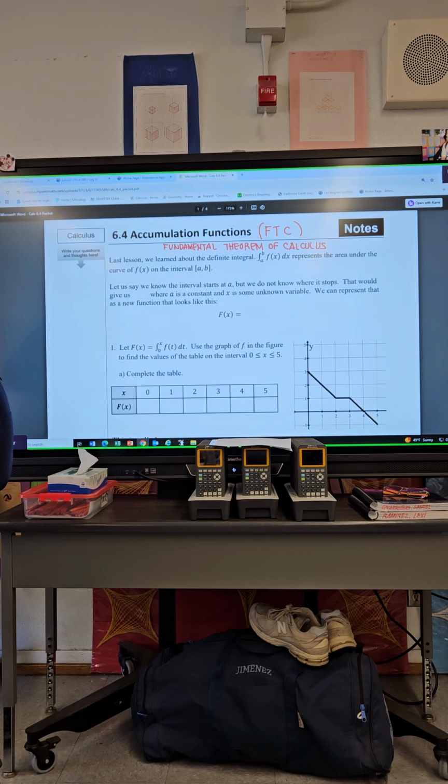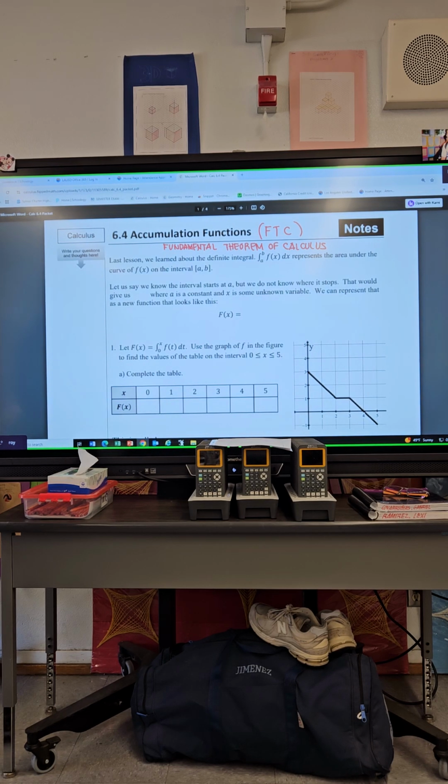Alonso, can you read the first two paragraphs? Last lesson we learned about the definite integral. What is that thing called? The summation from a to b, or the integral from a to b of f of x dx represents the area under the curve of f of x on the interval a b.